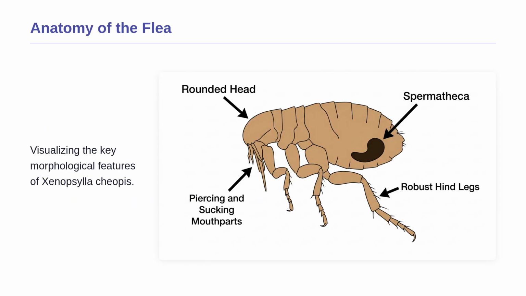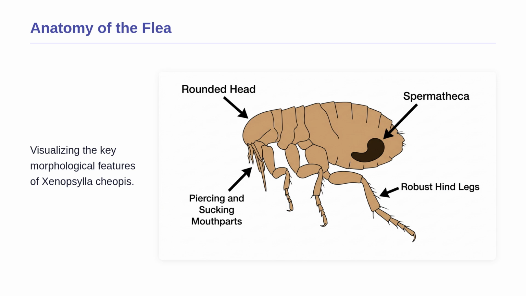Let us visualize these morphological features clearly. On your screen is a detailed anatomical diagram of Xenopsylla cheopis. Notice the rounded head on the left. It is completely smooth, lacking those thick, bristle-like genal and pronotal combs we just discussed.